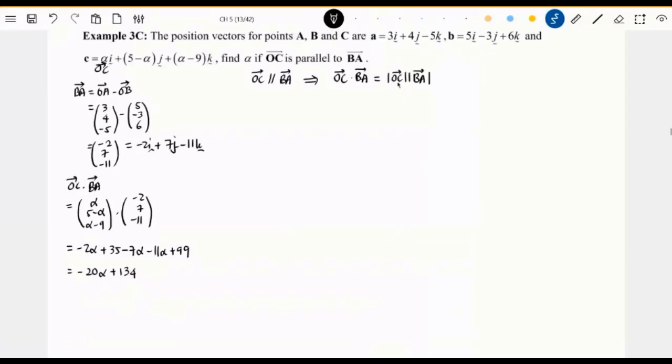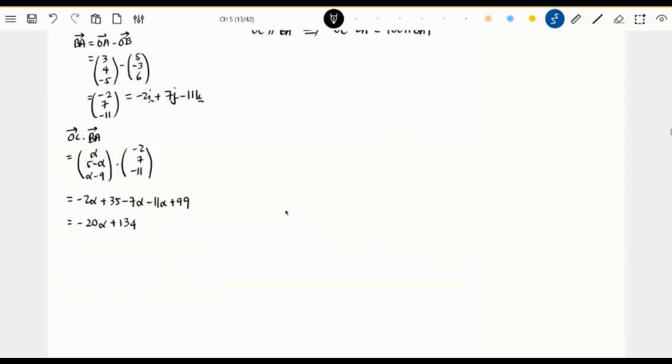The right hand side kita nak cari magnitude dulu. Okay, so magnitude BA adalah square root of negative 2 square plus 7 square plus negative 11 square. Okay, dapat berapa ni magnitude BA? Square root 174.